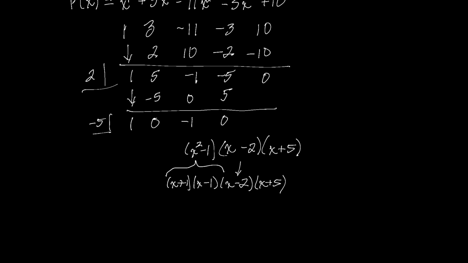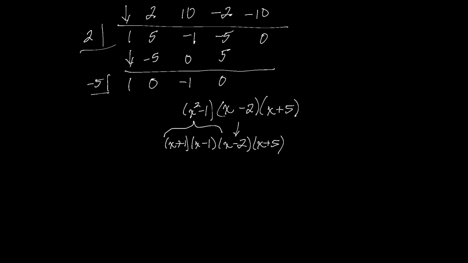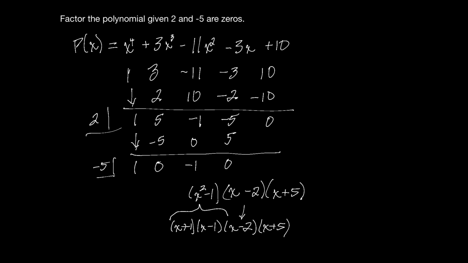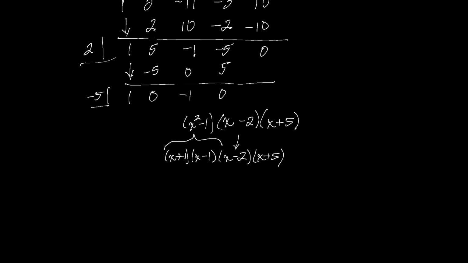So now we know also, by the way, all of the zeros. We already knew we were given up above here that 2 and -5 were zeros. But through this process, we now also know that x could be -1 or +1, in addition to x being 2 and x being -5.